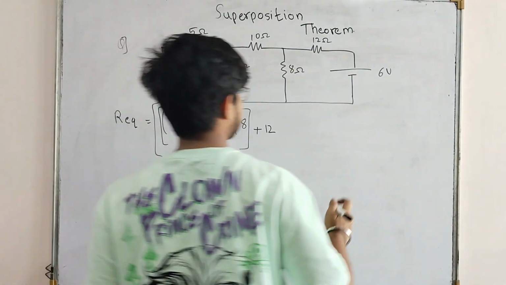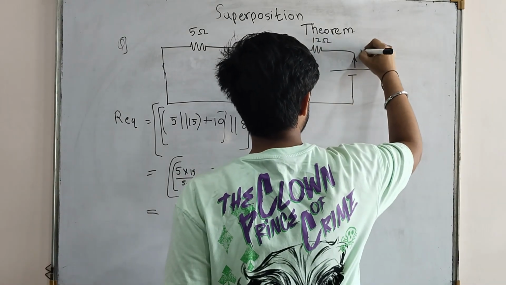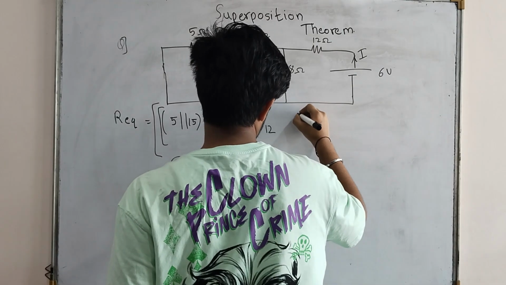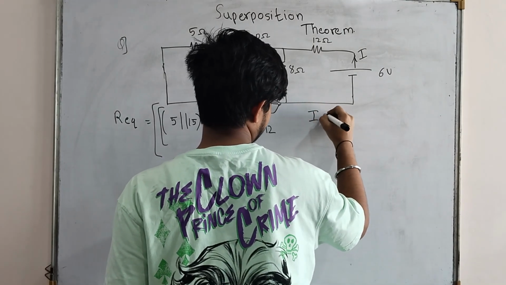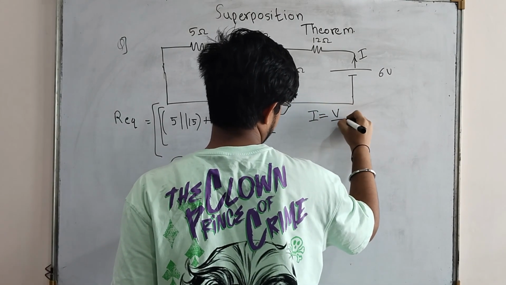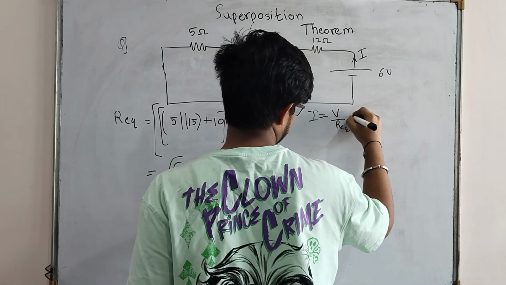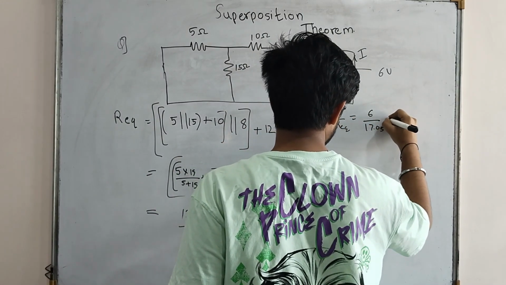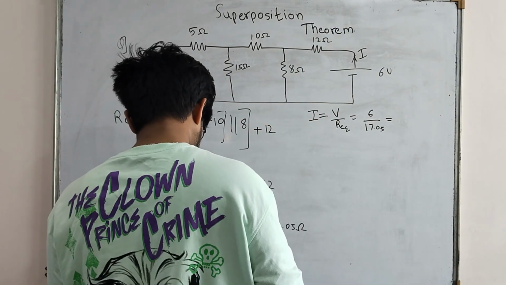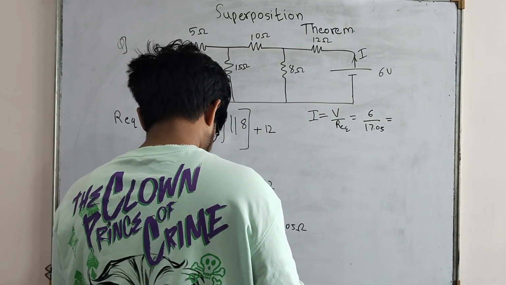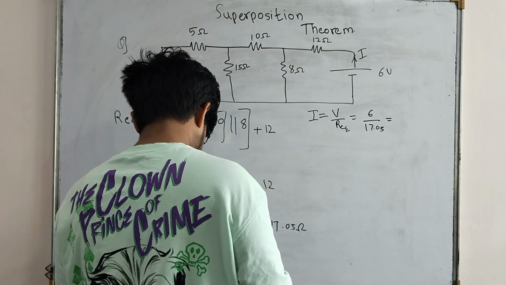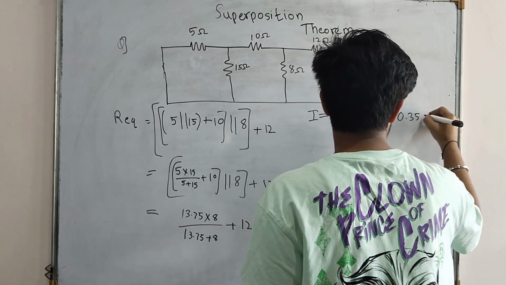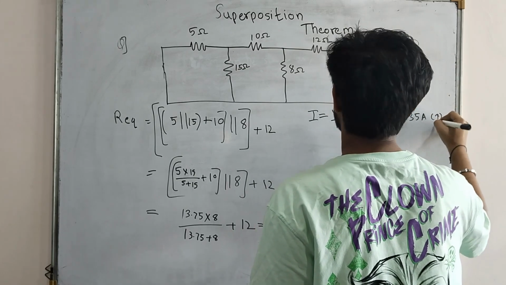Now our question is to find out current through 5 ohm resistance. So let us consider current flowing through main branch. This is our main branch, is I. By Ohm's law we can write I is equal to V upon R equivalent, which is 6 upon 17.05, which turns out to be 0.35 ampere flowing upwards.